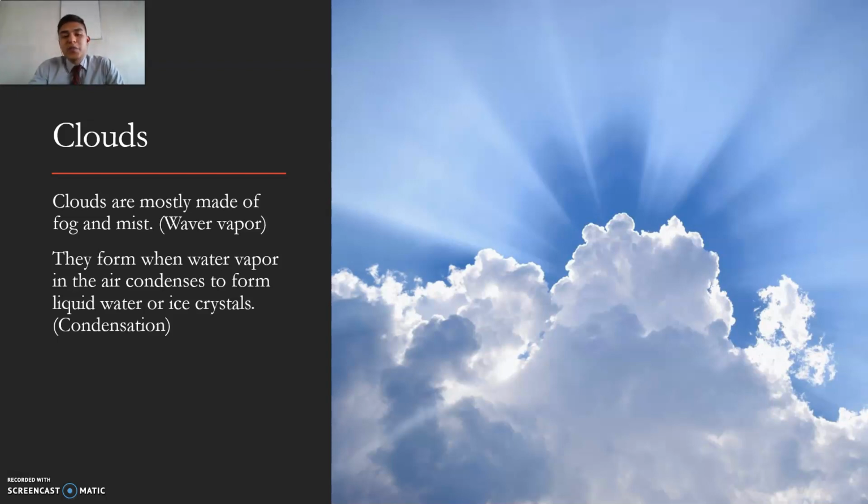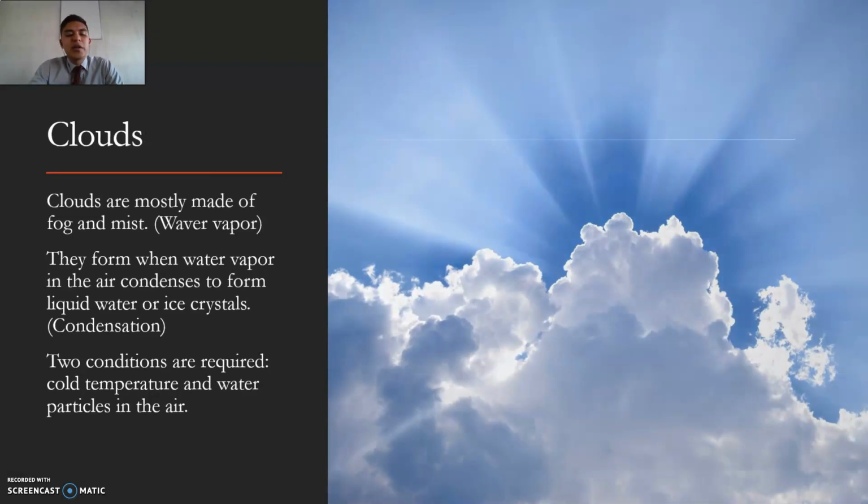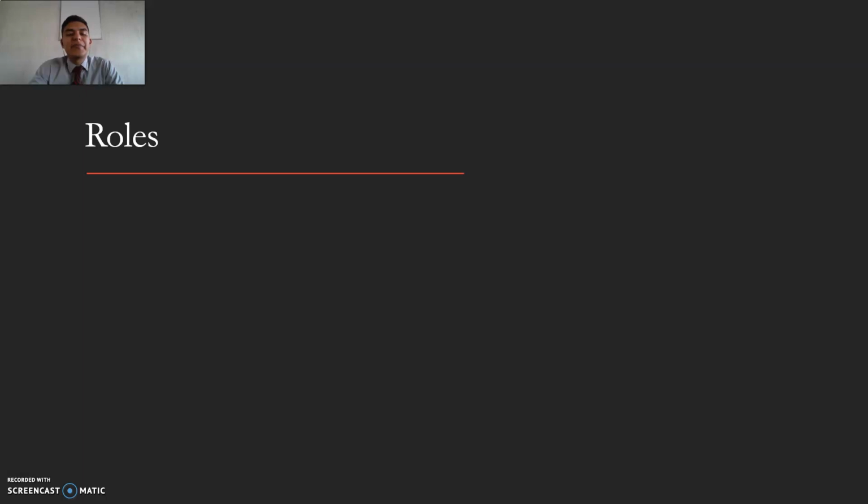And of course, when it is pretty cold in the atmosphere, the water vapor is going to start getting colder and colder until it becomes a cloud, most likely. Or if it's just way too cold, it's going to form ice crystals. And 2 conditions are required: cold temperature and water particles in the air. Pretty simple and pretty much what I just mentioned right now.